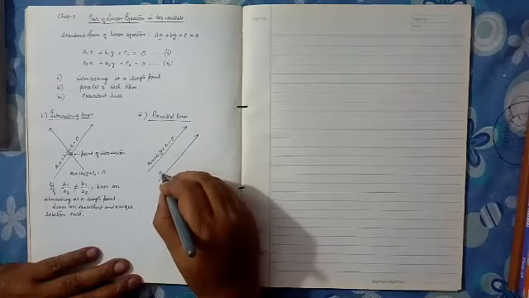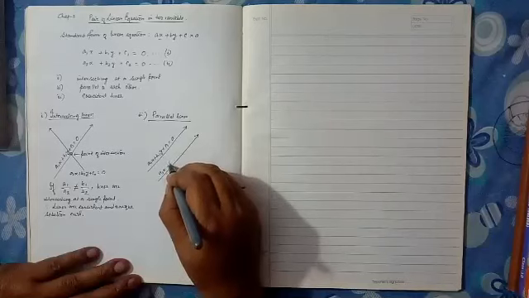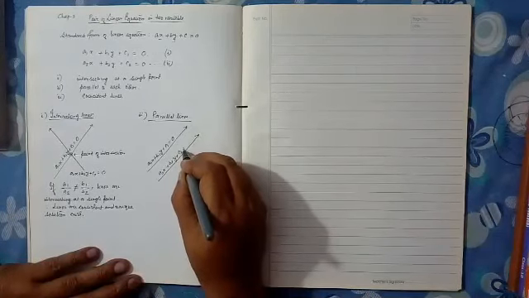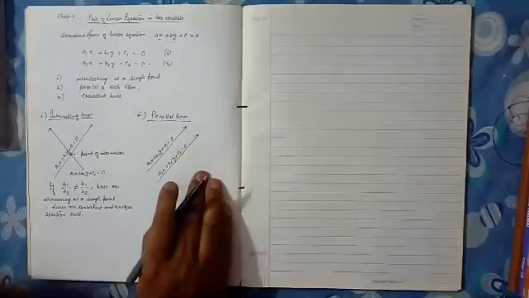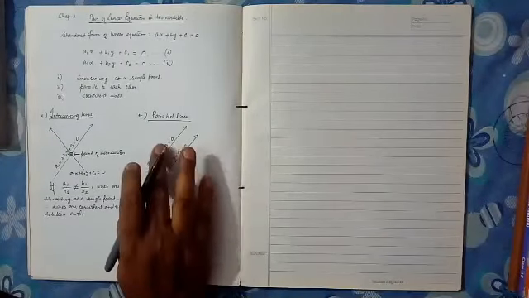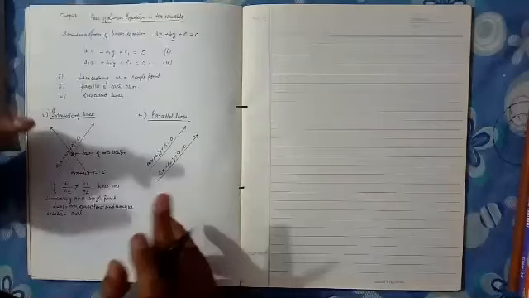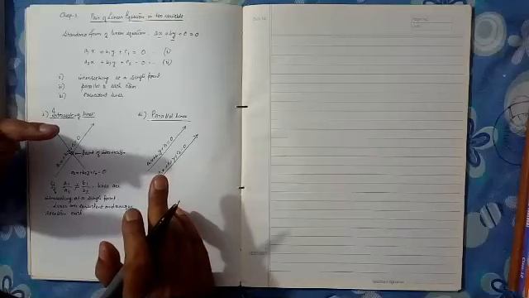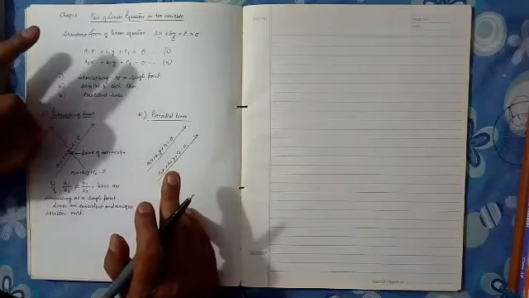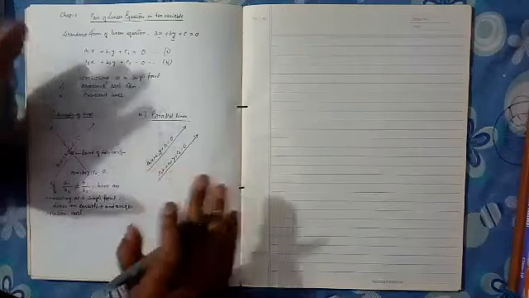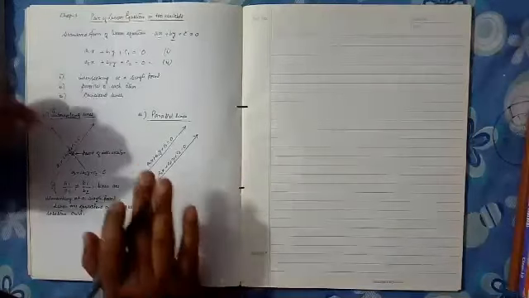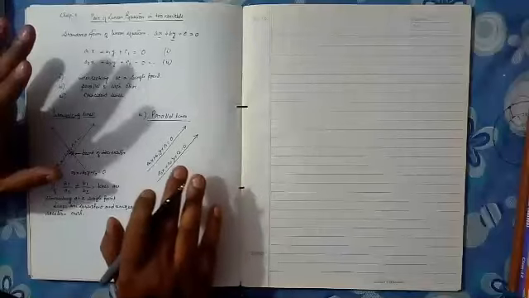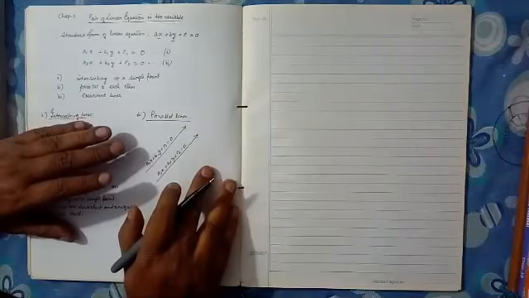And this line is a2x plus b2y plus c2 is equal to 0. Solution means finding out the coordinates of the common point of the two or more lines. As these two lines never intersect, they don't have any solution.